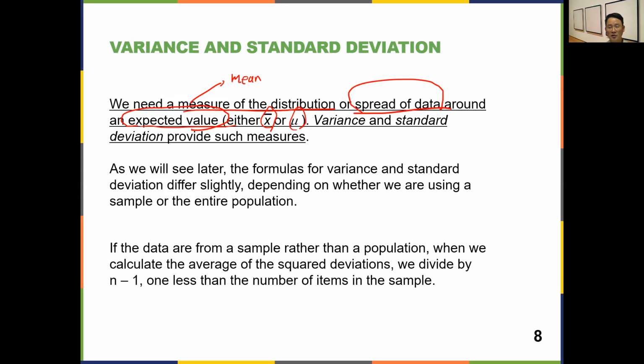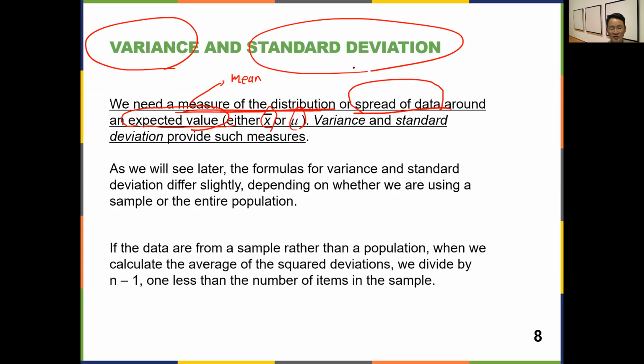So we need a measure that describes whether the data set is far away from the mean or very close to the mean. And those two measures are called variance and standard deviation, right?